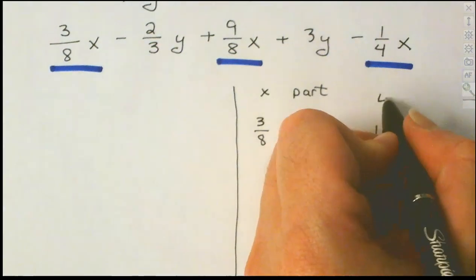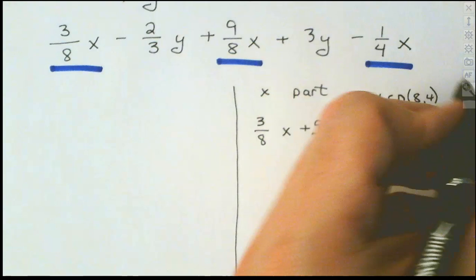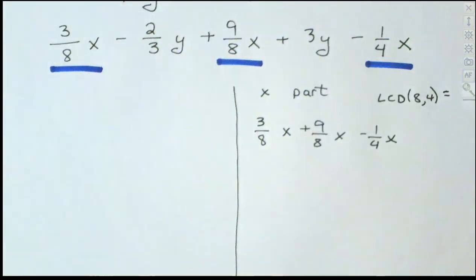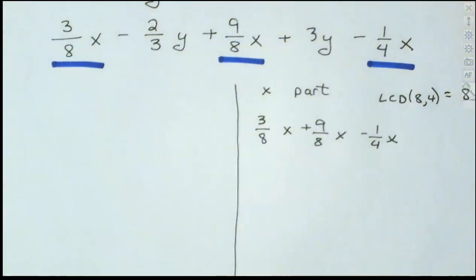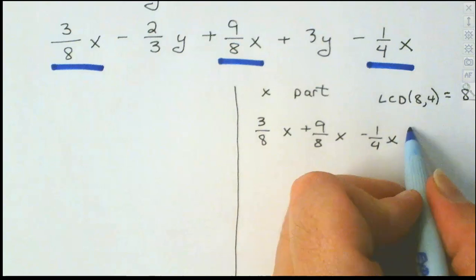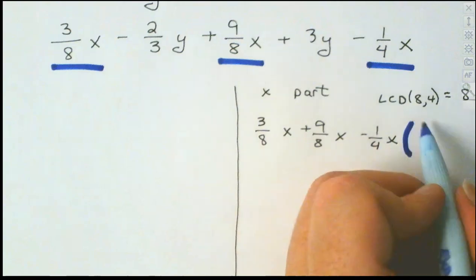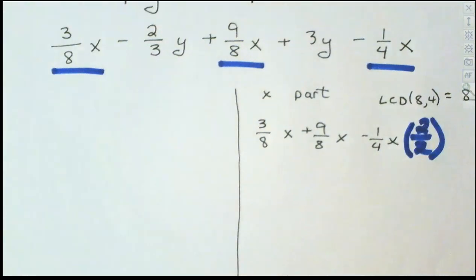Because the least common denominator of 8 and 4 would be what? Can someone tell me? Would be 8, right? Okay, so all we need then is we need to take that last one, which is 1/4, and we need to multiply it by 2/2. That way they have the same denominators.